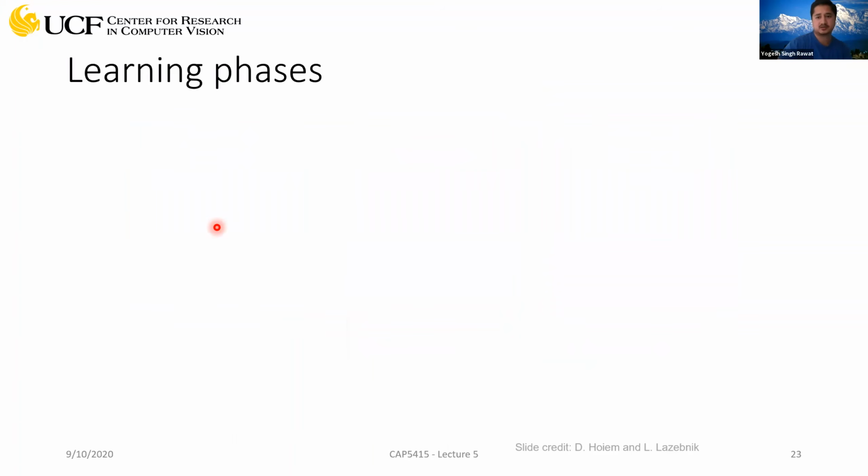So let me see, I think there's a question. The question is from Brandon, and he's asking, will we always need to use validation images? So in this course, the answer is no. We won't need any validation set, I think, for most of the problems. Now, this validation set was required when we had classifiers such as SVM.